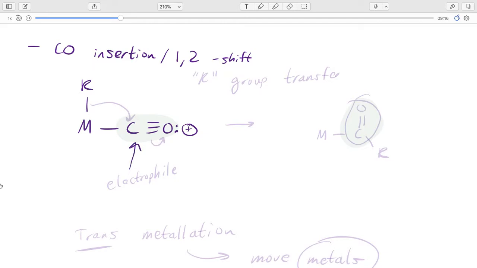Notice this carbon right here is severely electron deficient, making it a good electrophile. So this pair of electrons between the ligand and the metal will simply come over, attach to the carbon, and then one of the pi bonds will swing up onto the oxygen. So what you will get is M attached to C, O, and then your R group over there.